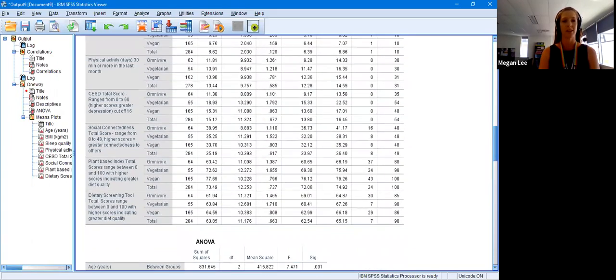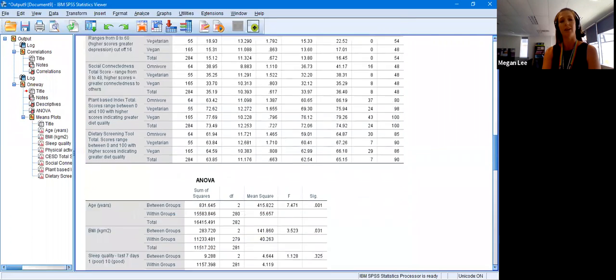Okay, physical activity, let's have a look. The average physical activity level, I think, was 13 days per month. Omnivores do about 11, vegetarians do about 14, and vegans do about 14. So vegetarians and vegans have a very similar average number of days that they exercise, and they are higher than omnivores, but are they statistically higher?